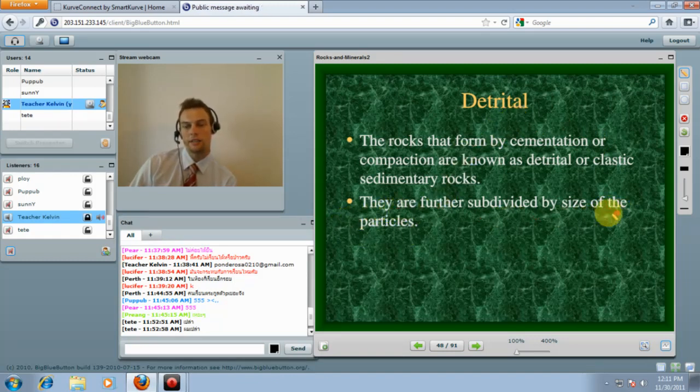They're subdivided by class, by the size of the particles. So if you have a bunch of small particles together, you can kind of classify this differently as if you have a bunch of large particles that are combined within some sort of cementing substance.